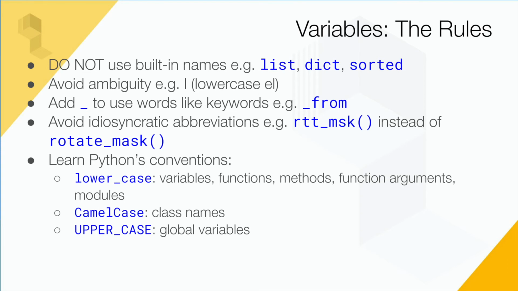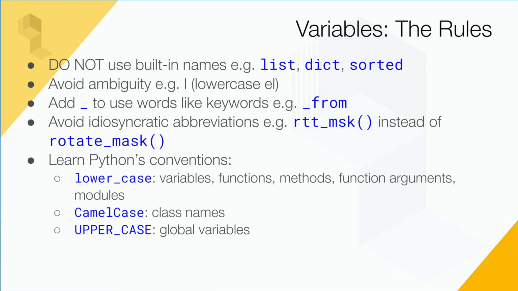To avoid ambiguity, never use L (lowercase l), O (uppercase letter O), or I (uppercase letter I) as single character variable names. To create variables resembling keywords or built-in functions, include a leading or trailing underscore. For example, if you want to use from, use _from or from_.